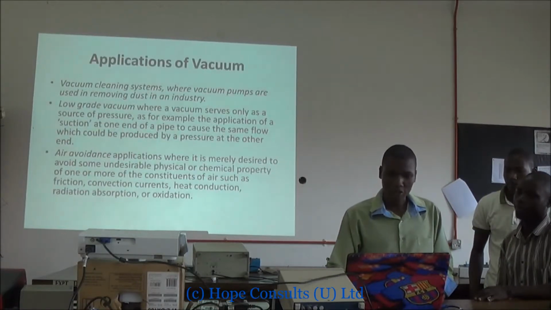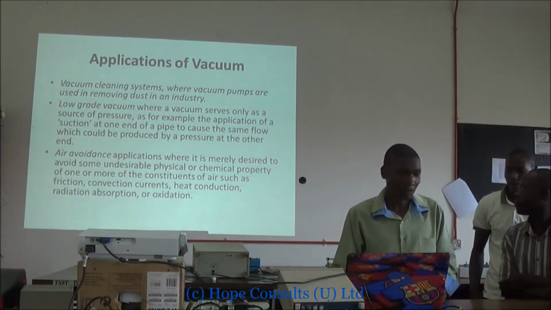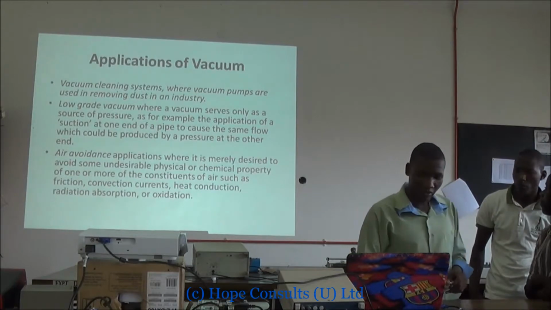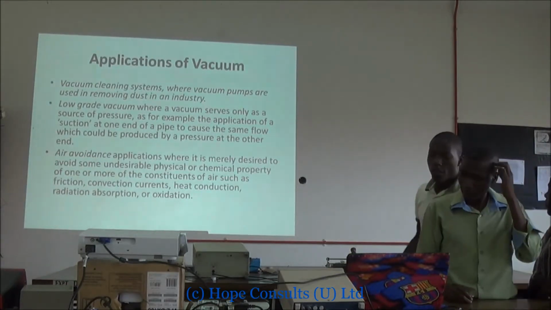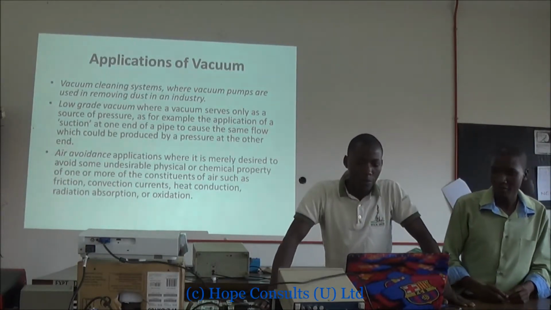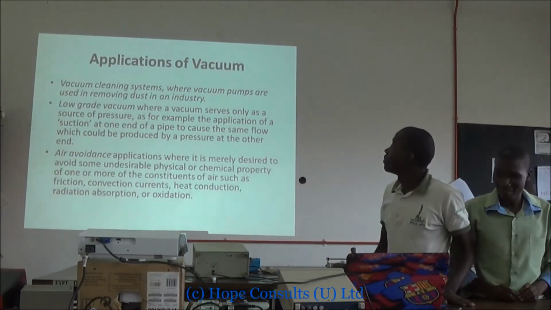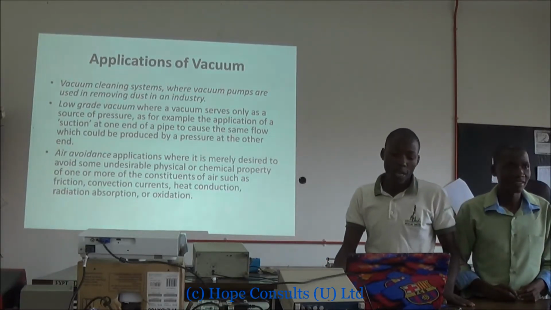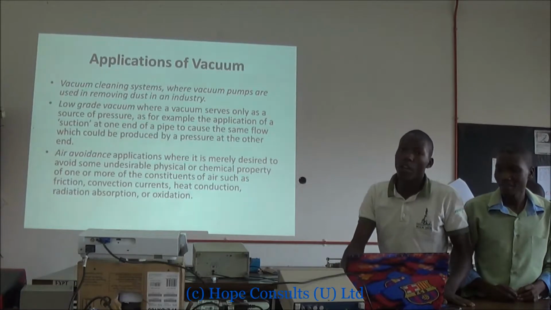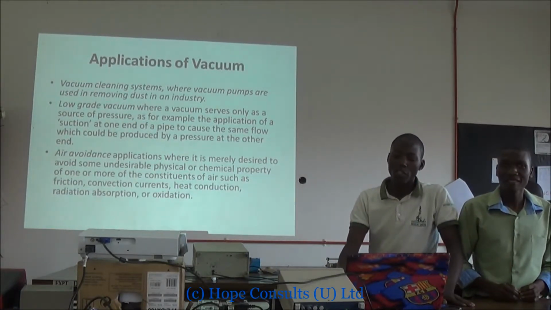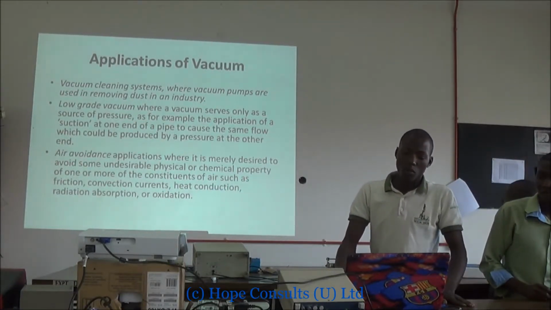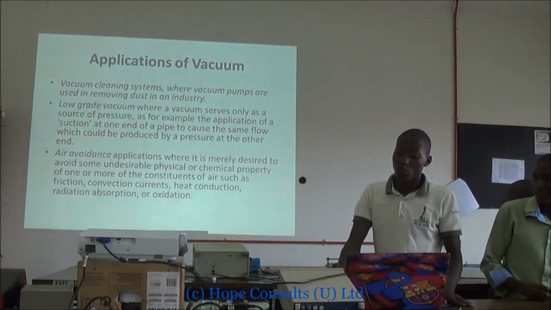Let's look at application of vacuum. I think some here we talk about that. When we talk about the applications of vacuum systems here, vacuum systems are applied in cleaning systems. For example, when I want to dust a machine, when I want to clean a machine, you make use of the vacuum systems.